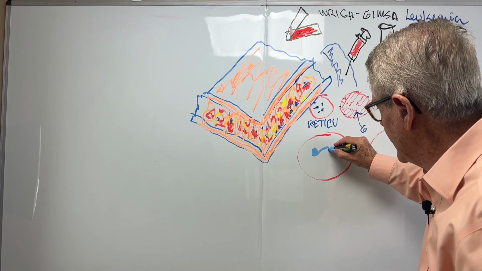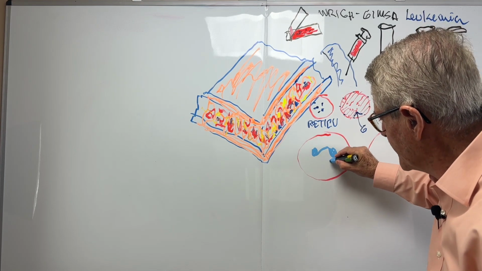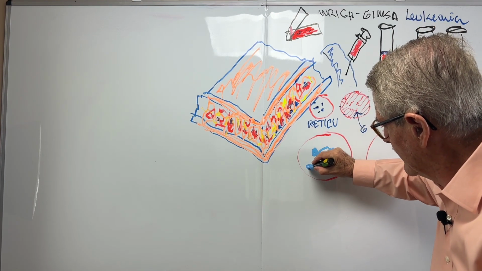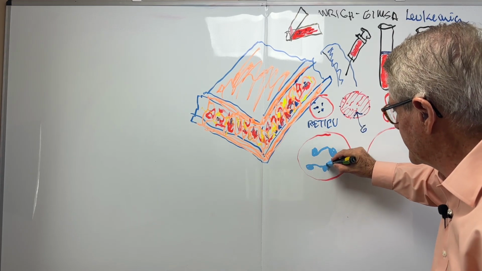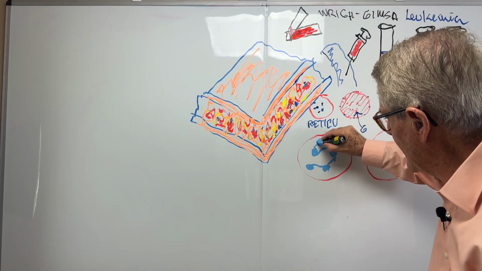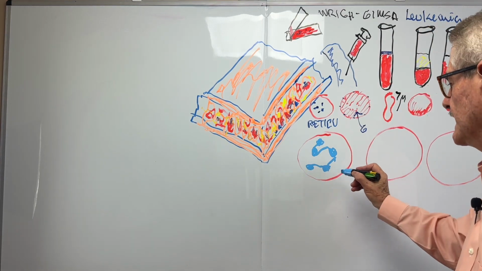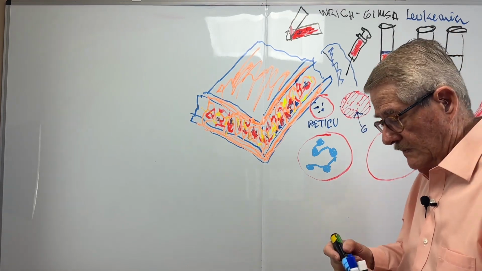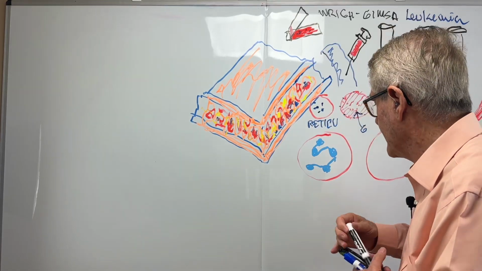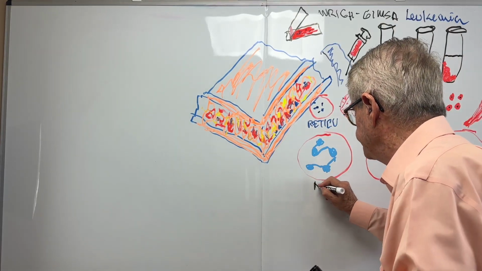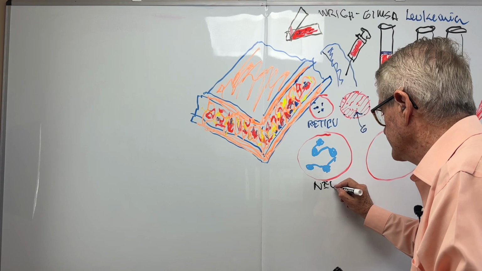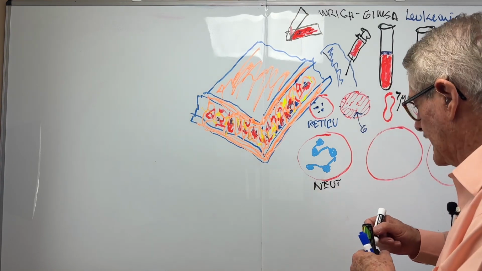You know that the neutrophil has several lobes; it's the same nucleus that has several lobes. And I'll have to put a name on it: neutrophil.